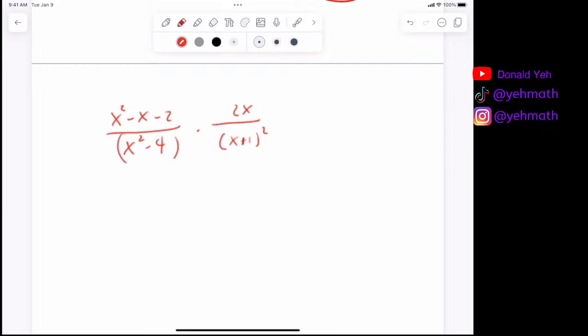What do you do as a first step? Yes, factor everything, right? Can you guys tell me what's the factor of x squared minus x minus 2? x plus 1 and x minus 2.